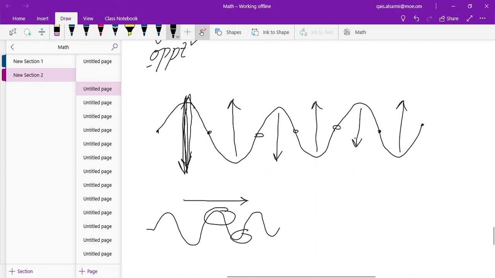And the reason why these points have zero displacement is because at these points all the time, the trough of one wave is superposing with the crest of the other wave. So they cancel each other, because the trough wants to move the particle down and the crest wants to move the particle up. So they cancel each other and that point will not move at all.